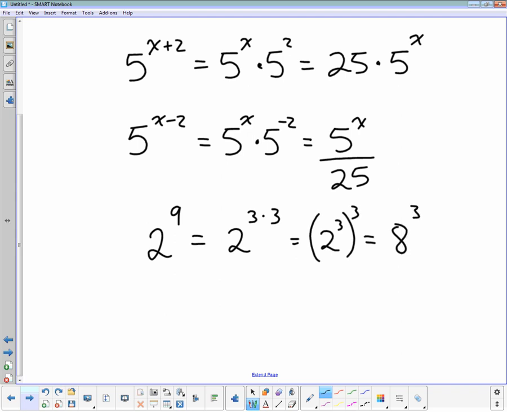You can do that. And that's fine. You can split that guy up if you need to by using power rules. Because if you think about this going this way, it's a lot more comfortable. 8 is 2 to the 3rd. 3 times 3, 2 to the 9th. So you can go backwards if you need to, or forwards. All right? Okay. Good.